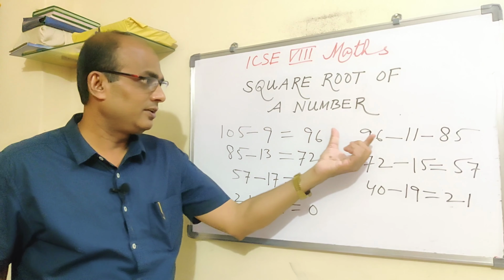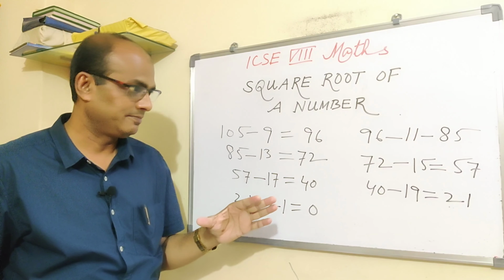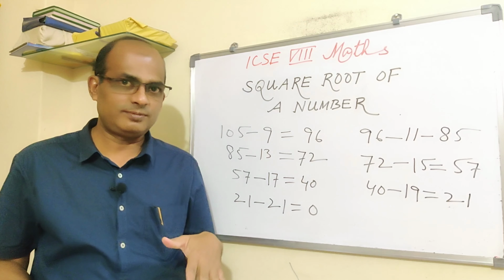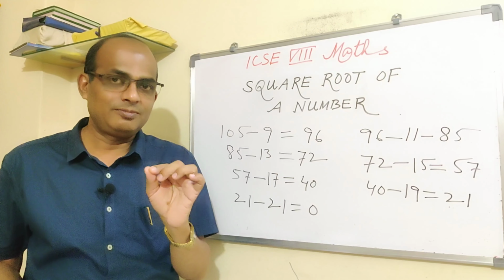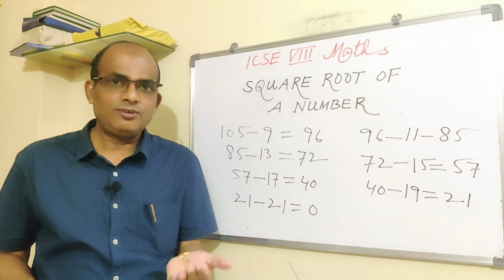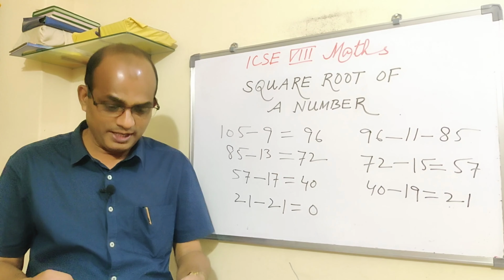One time subtraction, second time, third time, fourth time, fifth time, sixth time, seventh time, like that. If we get 0, then we count the number of times the subtraction is done. If it is done m number of times, then m will be the square root of the given number.